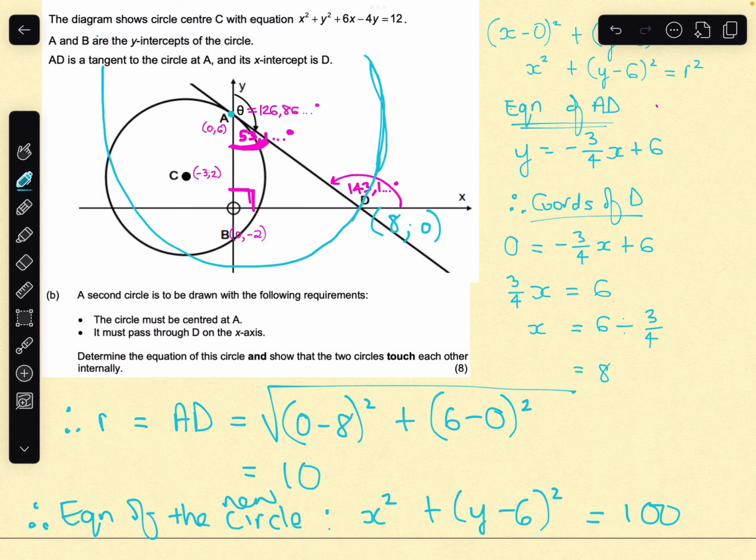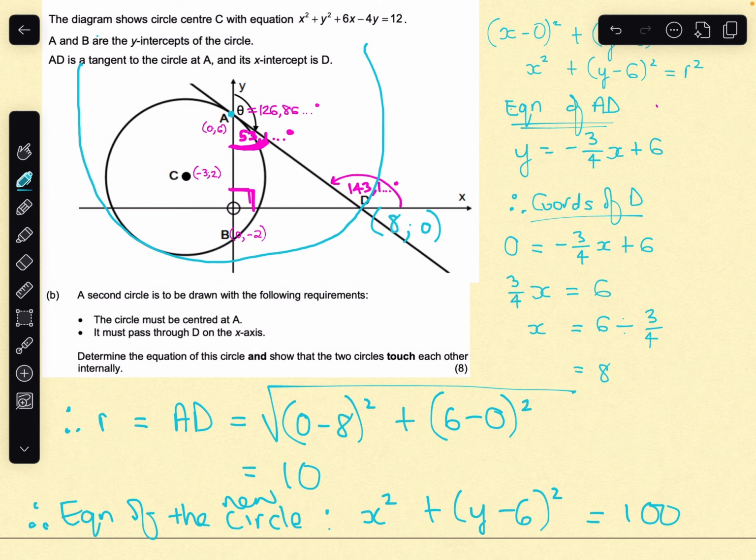Right, then we are asked to show that the two circles, so this circle and this circle, touch each other internally. So it's not actually a situation like this that I've drawn where it's cutting it twice. What they're saying is that it's going to be a circle that goes through D, and then it's going to kind of do that.